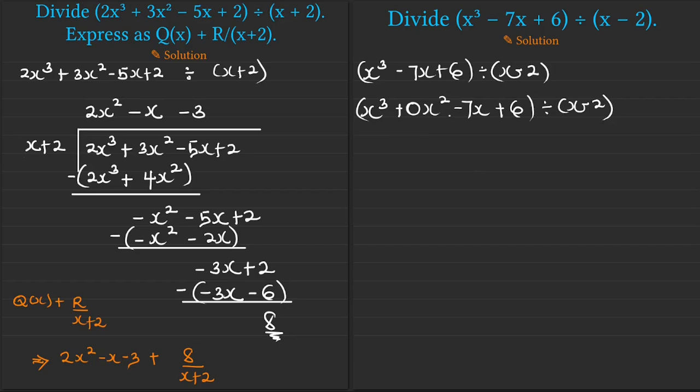So this is what we have. You've rewritten it so that your powers are in descending order. With this, we can now proceed with our division.